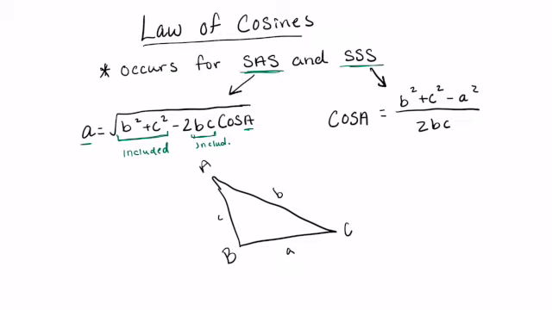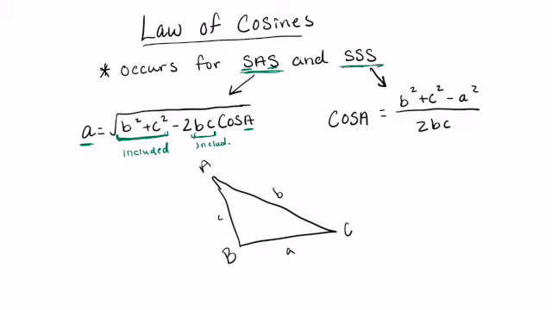For side, angle, side, when I'm trying to find that missing side, I'm using the 2 sides that were given to me. So it's always the included sides squared and added together, minus 2 times the included sides, times the cosine of the angle that was given to me, and I take the square root of all of that.